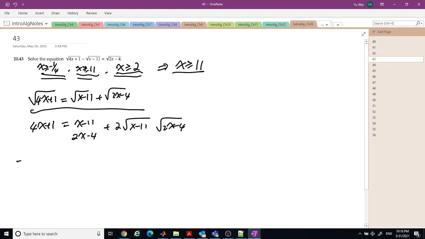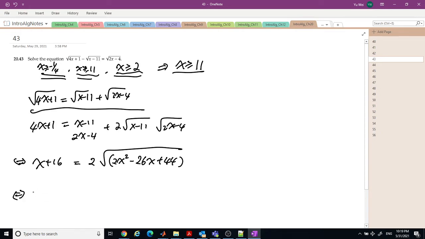Okay, then what we have here is equivalently x minus 15, then plus 16 is equal to 2 root of, now we have 2x squared minus 22x minus 4x, which is minus 26x, plus 44.